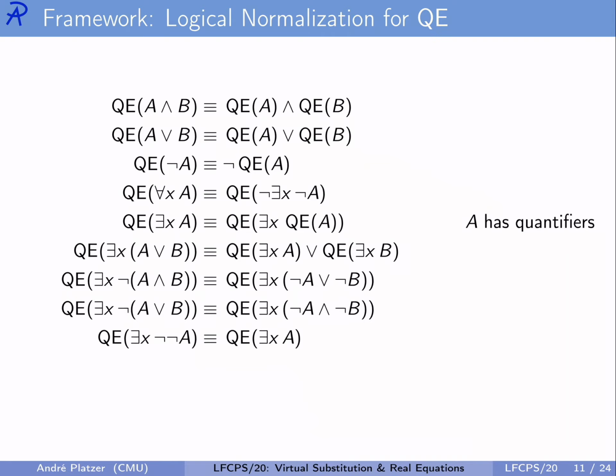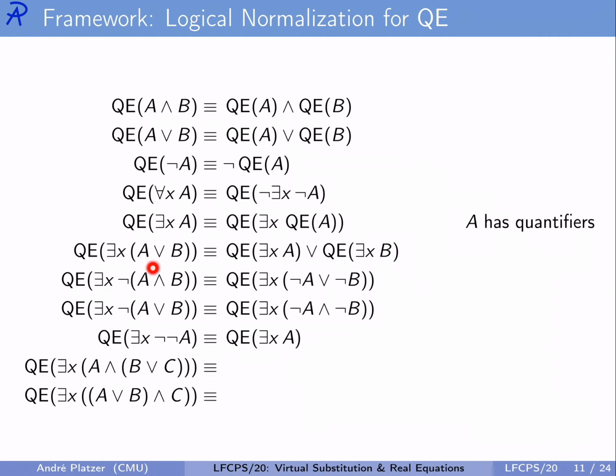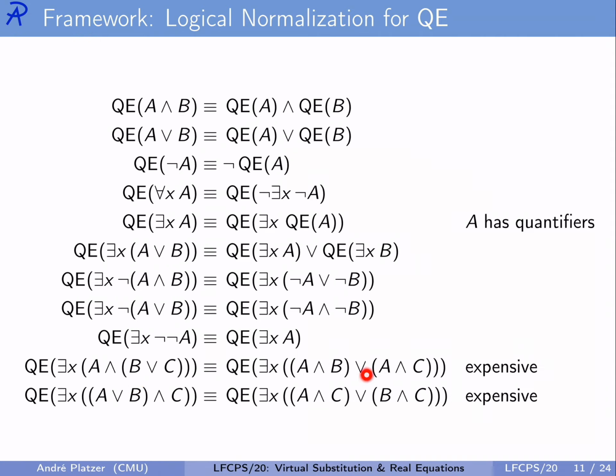In other words, we could always normalize the formulas and split over disjunctions. Also, we can use distributivity if we find A and B or C. We can expose the disjunction by, well, unfortunately, copying the formula A a bunch of times. Likewise, we can distribute in the other way.